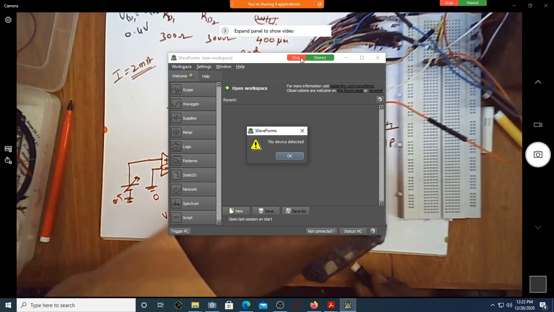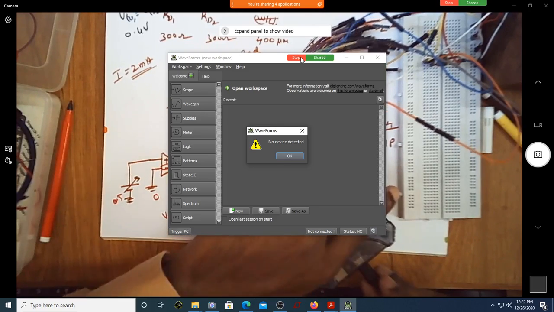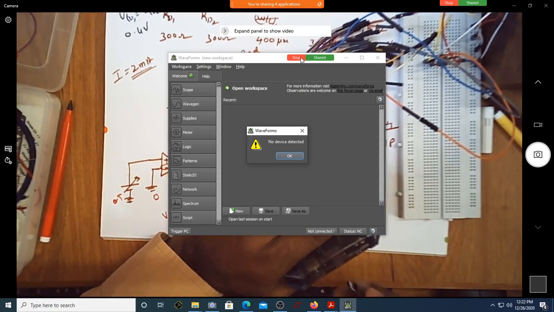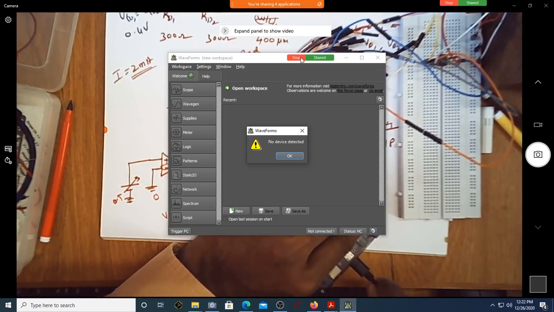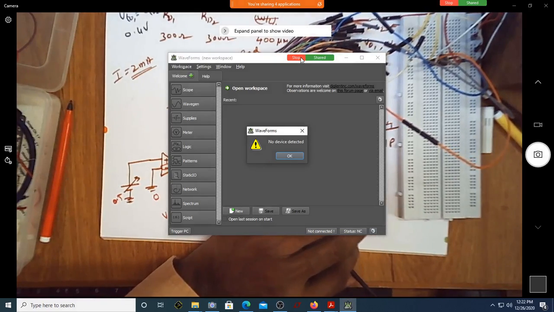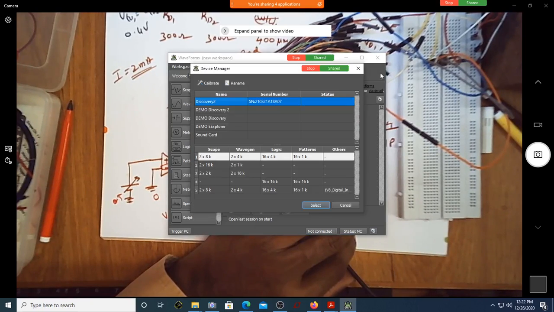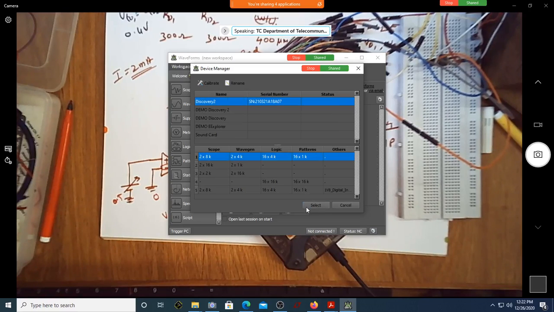Let me just connect it. That's the issue. Oh, now can you see it's connected, selected. A device is selected. Now you select it.